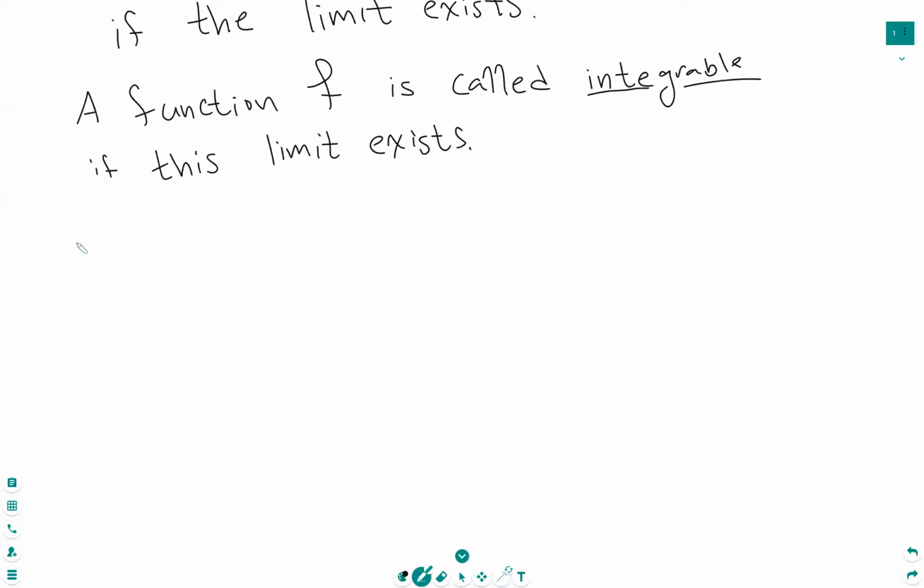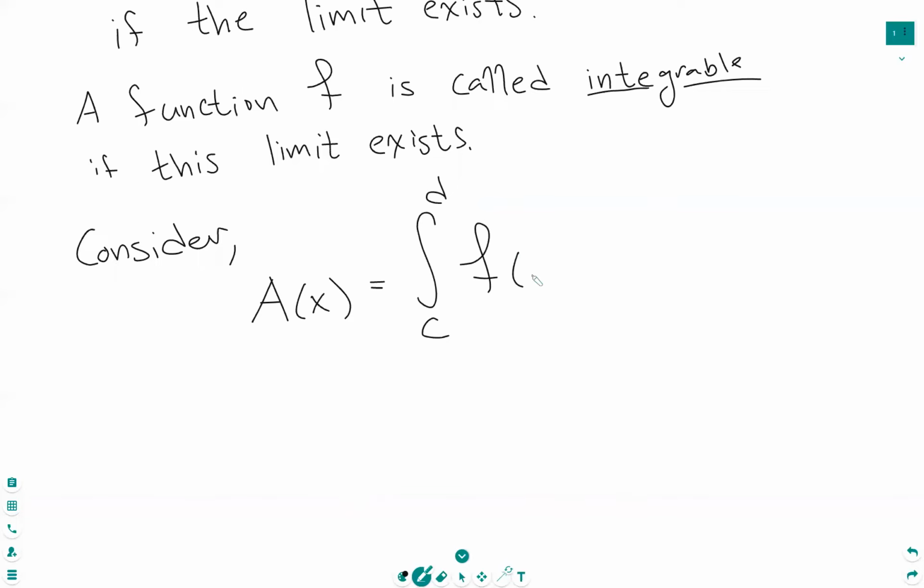So first, I want you to consider some function that we'll call A that is just a function of x and is equal to the integral from c to d of our function f of x and y dy.